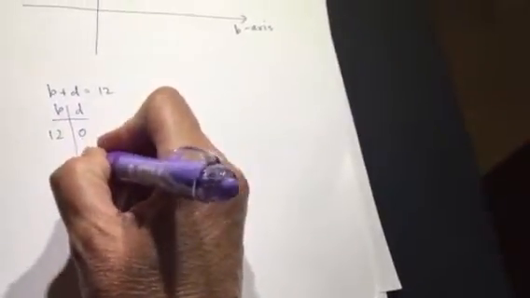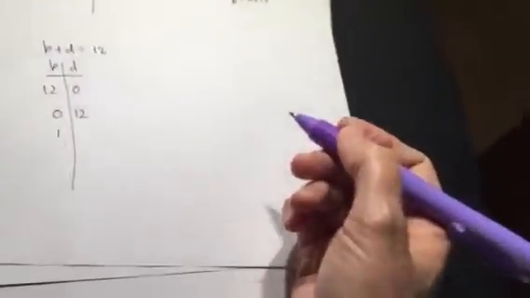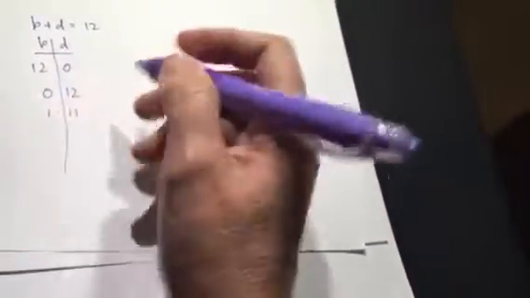If B is 12, what's D? 0. If D is 12, what's B? 0. Okay, so if B is 1, then how many dogs? 11.